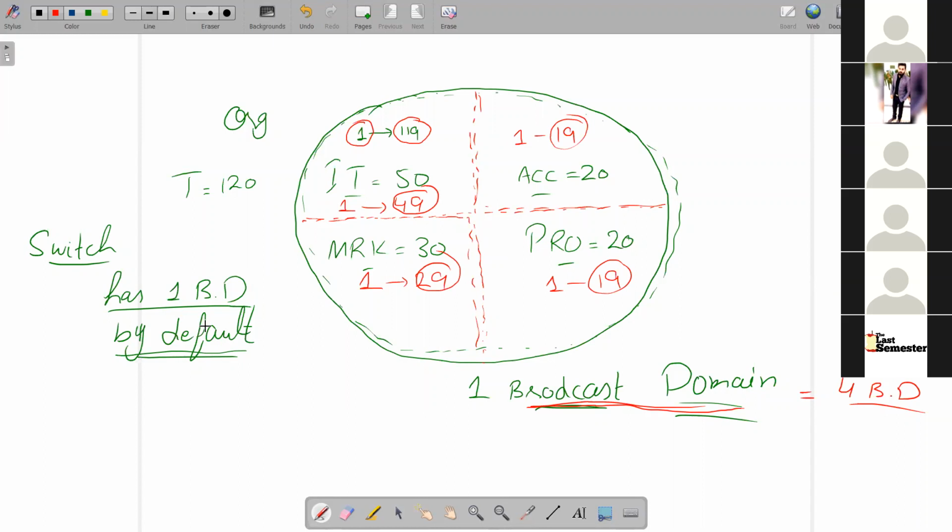And what you are achieving is minimizing the utilization of your resources: your bandwidth, your processor utilization, your memory utilization. And this concept is called VLAN. To break one broadcast domain into multiple broadcast domains, this concept is called VLAN.